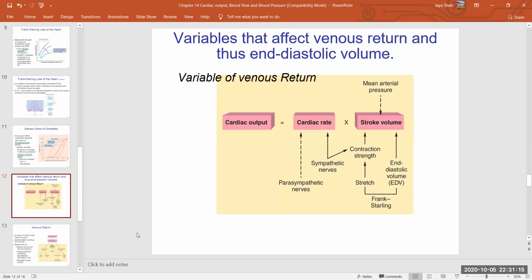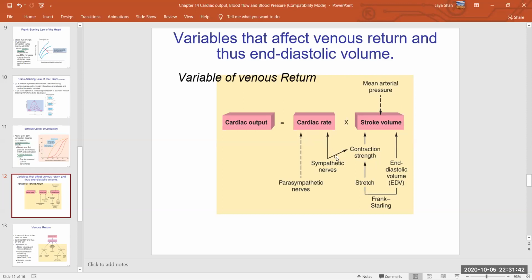Okay, so as we know, cardiac output equals cardiac rate times stroke volume. So there are several variables in our body which affect cardiac rate and stroke volume, and so ultimately affect the cardiac output. Here you have some broken arrows and some solid arrows.